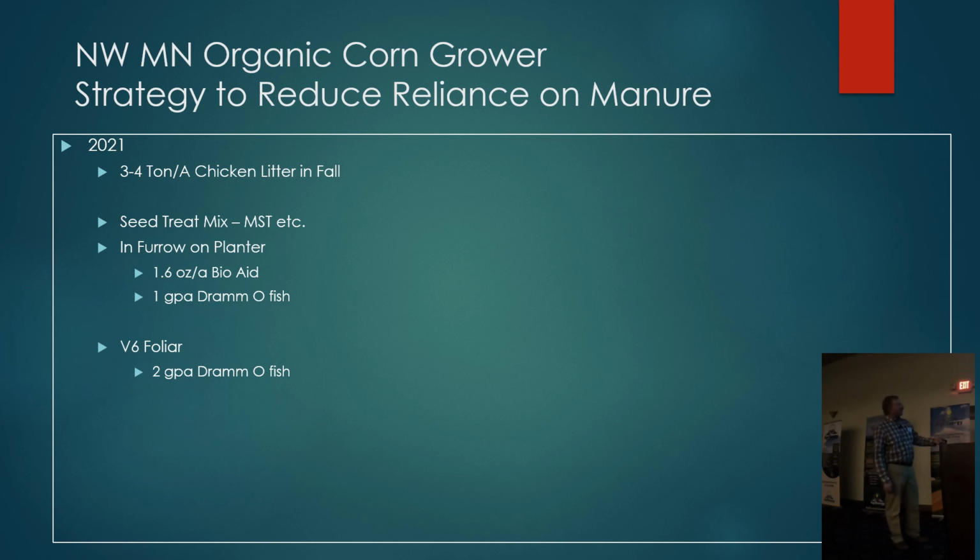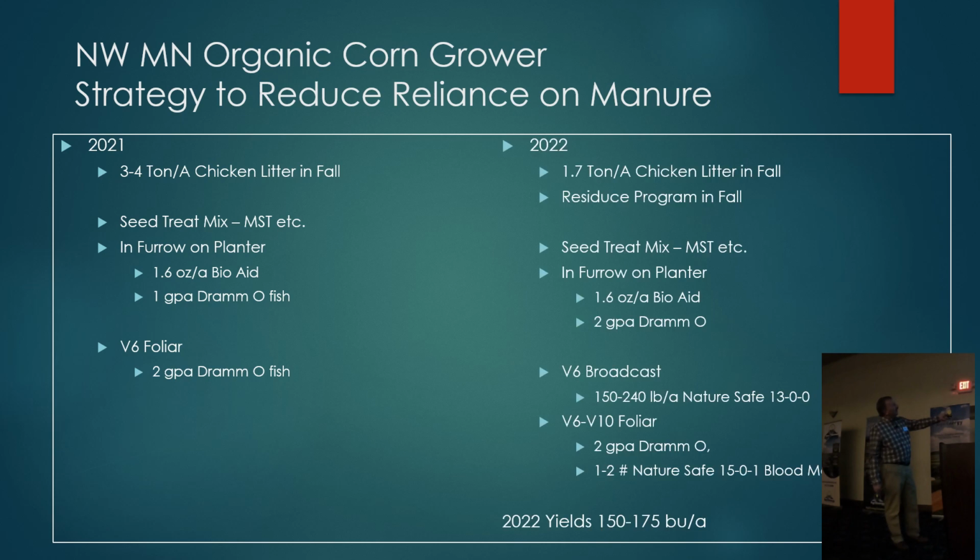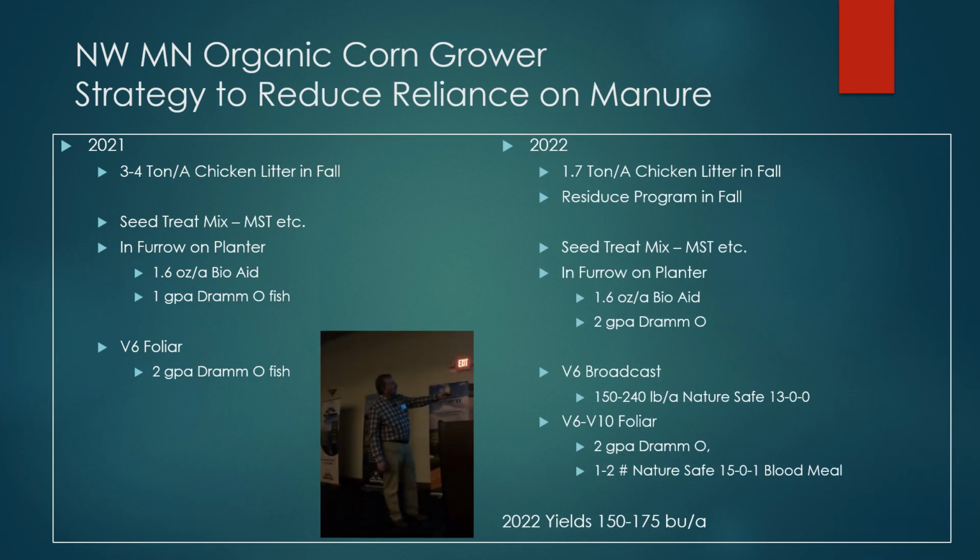As he knew he wanted to cut back on the manure, in 2022, he ran 1.7 ton of litter, so cut it in about half, and then did residues the fall of 2021. Then ran his seed treatment, did his in-furrow, he increased the fish to another 2 gallons, came back with a broadcast of dry Nature Safe, which is like a feather meal, blood meal type product, 1300, and then did a foliar at V6 up to V10 of fish, plus a little bit more of a soluble blood meal.